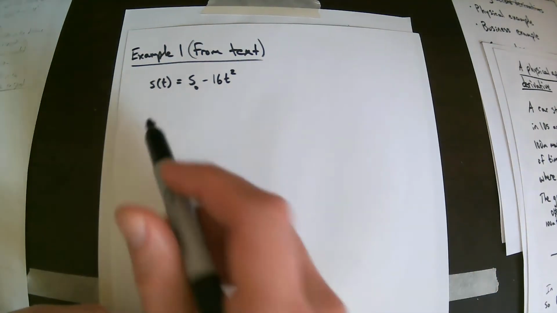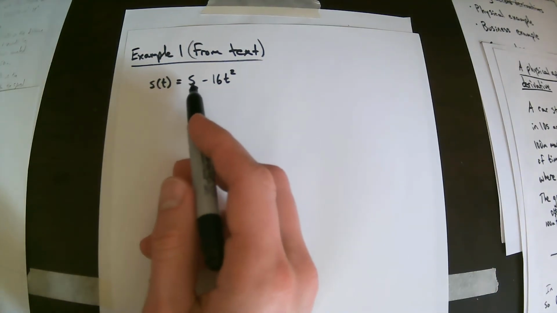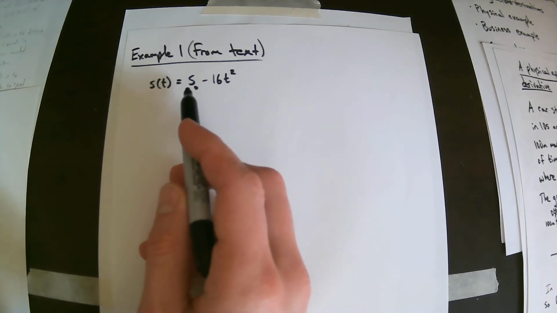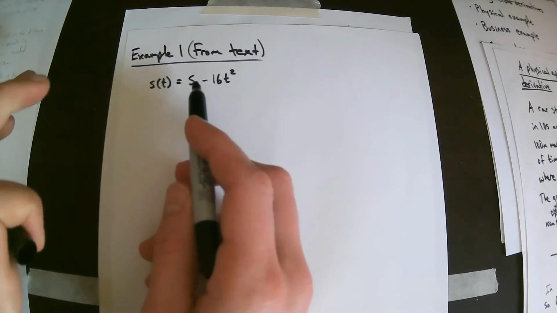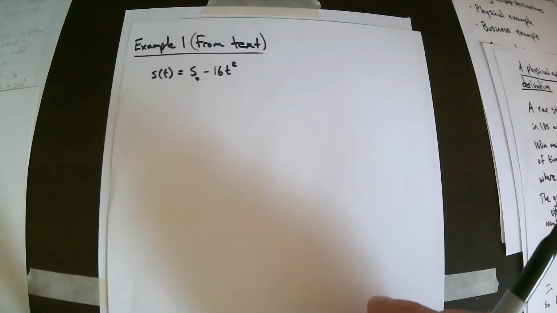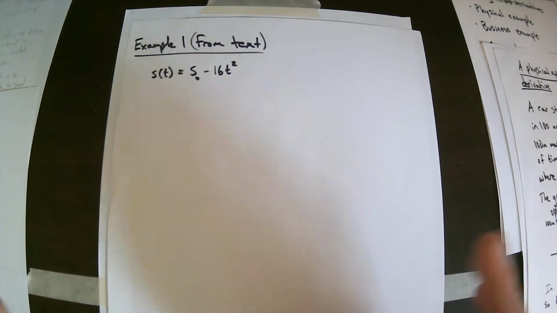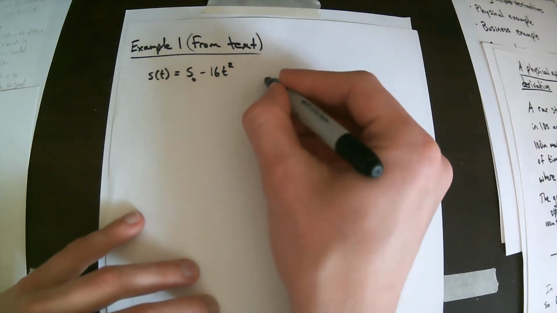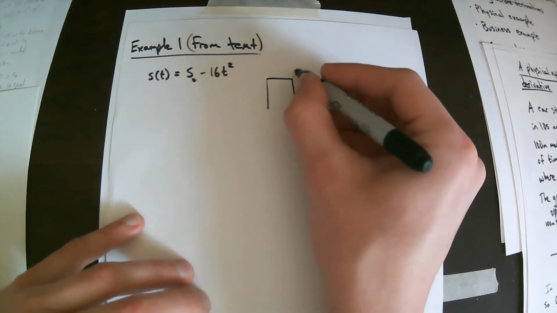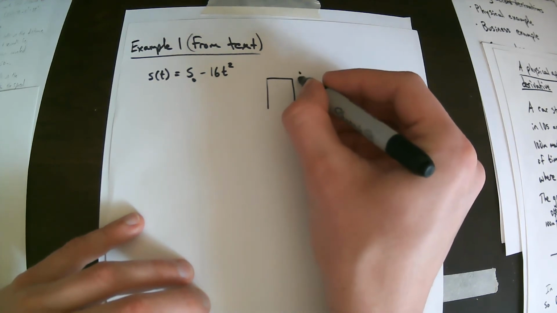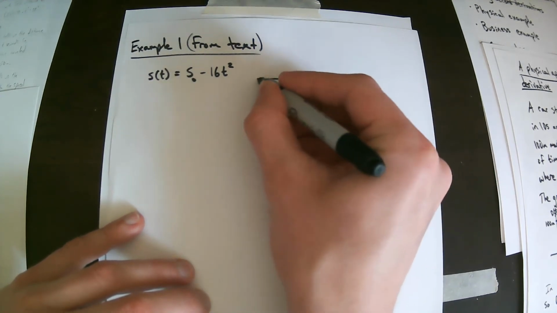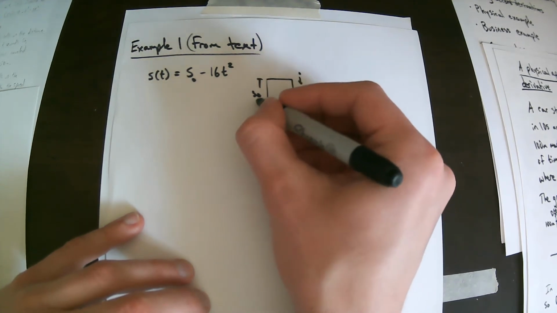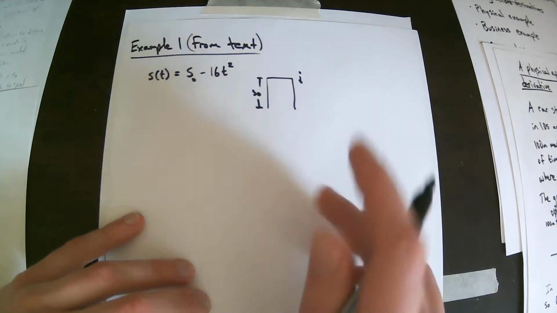So s of t, this is a position, is a function of position for an object that is dropped, not thrown down or anything like that, just dropped from some height. This being the height. And let's just have a little picture here. So we have some object that's falling down, dropped straight from the edge of the building. This would be, or whatever object this is, s naught.